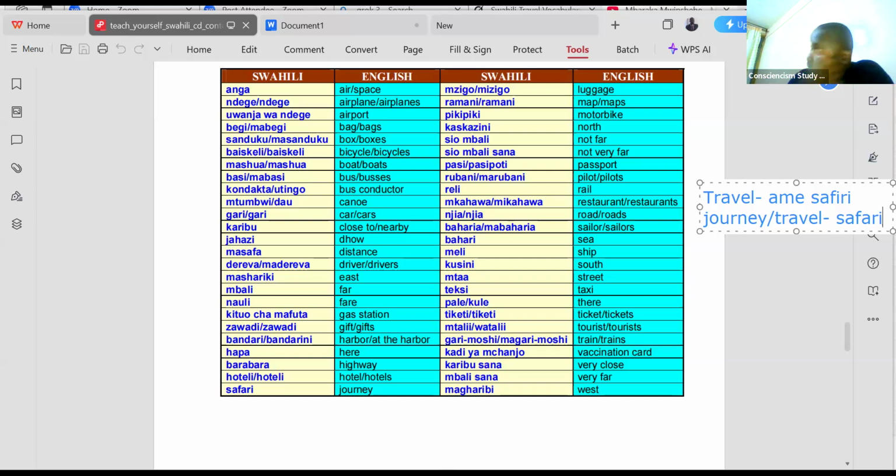Safari, that's the journey. Now to travel is safiri. So safari for journey and safiri for traveling.